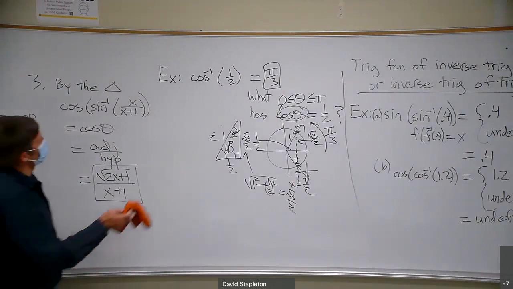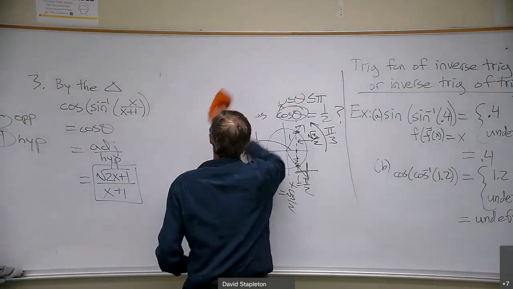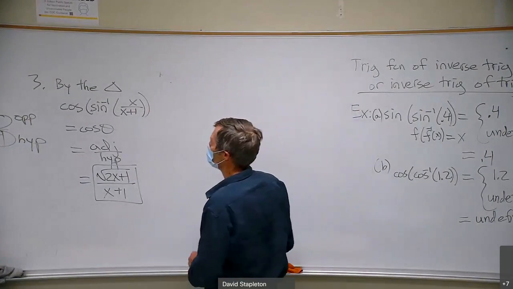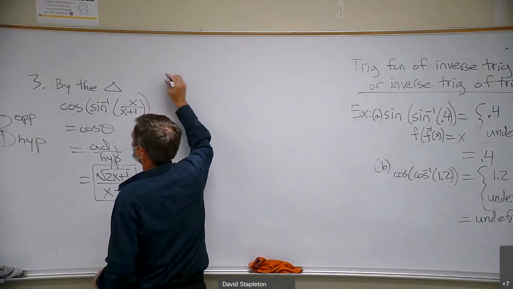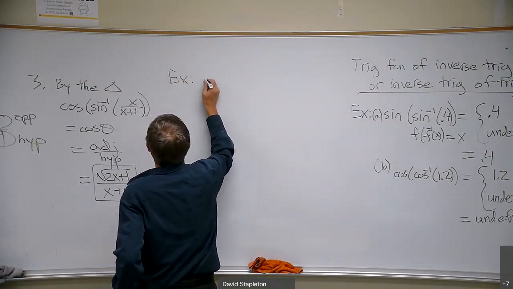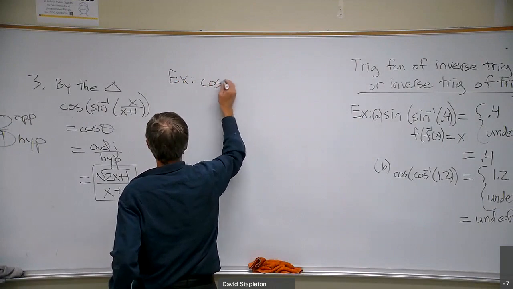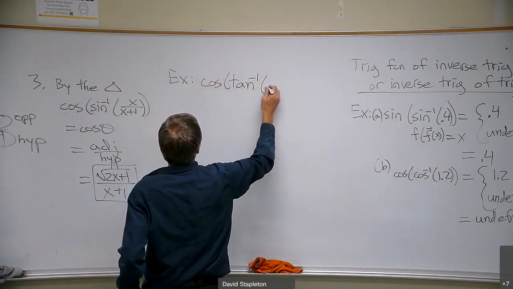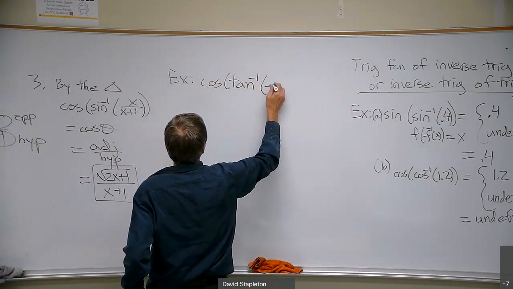Moreover, you can do something a little trickier still. I said this always works, but wait a minute. What if I had the cosine of the inverse tangent of minus 2?